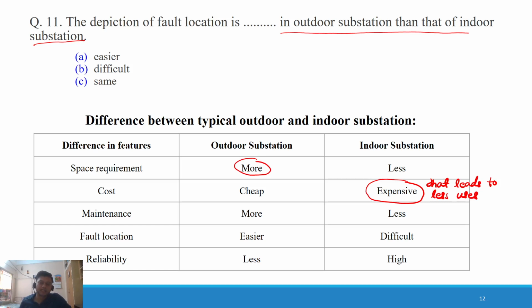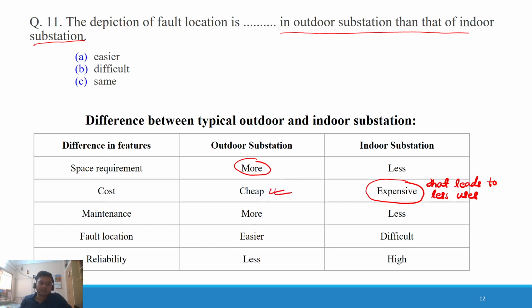But we may have to install an indoor substation because of some community problem or because we have less area. But generally, in the common case, we see outdoor substations because they are cheaper.